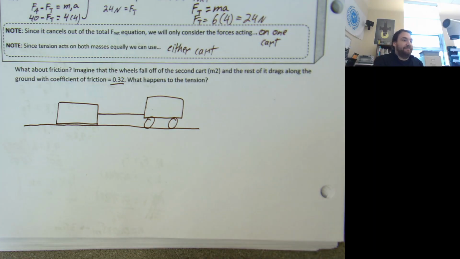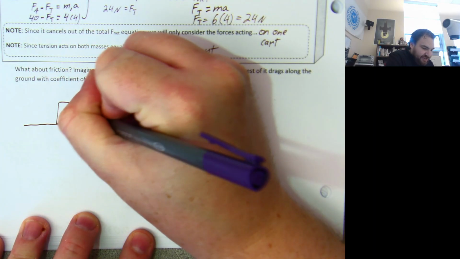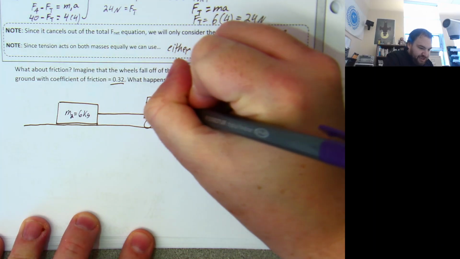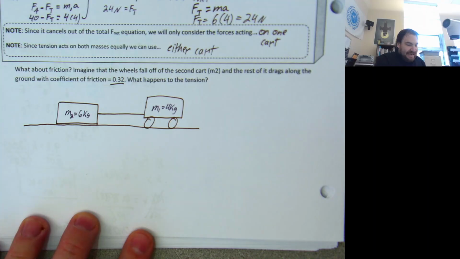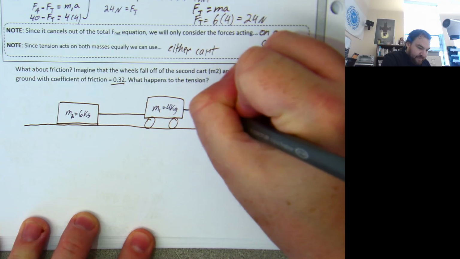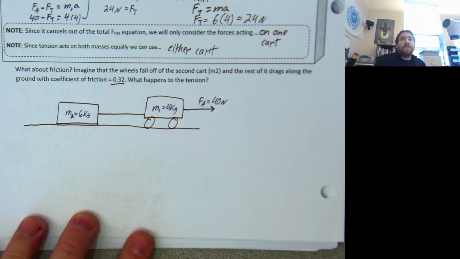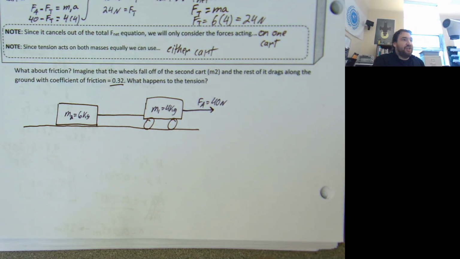What forces are acting? And I'll label these things again. This is M2, which is 6 kgs. This is M1, which is 4 kgs. It's still being dragged to the right. The applied force there is the same, 40 newtons. Your intuition says it should accelerate slower, so let's prove it.